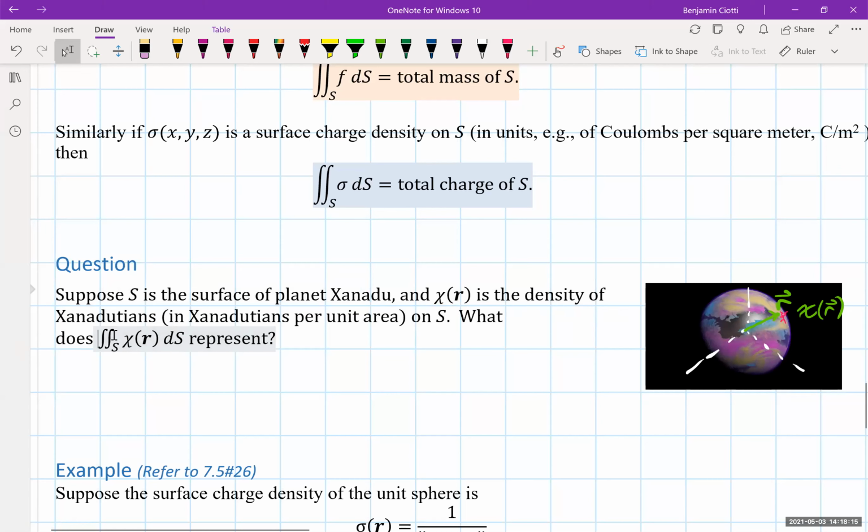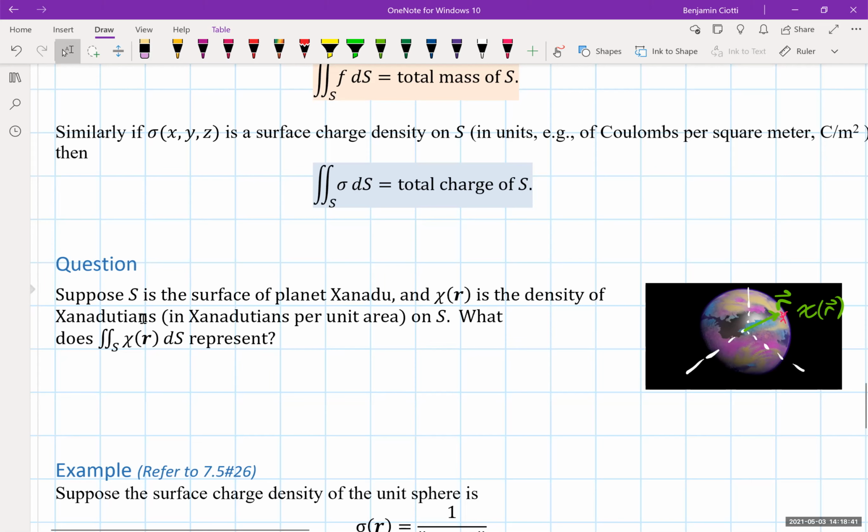What happens if you integrate a population density? It's the total population, the number of all Xanadusians. I like that. It's the total number of Xanadusians, the population.